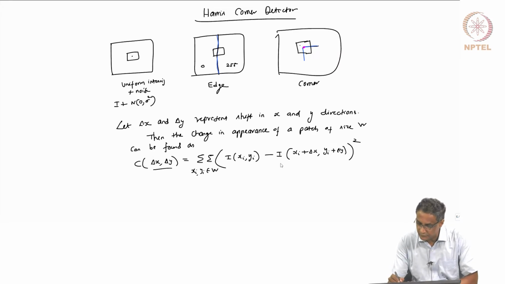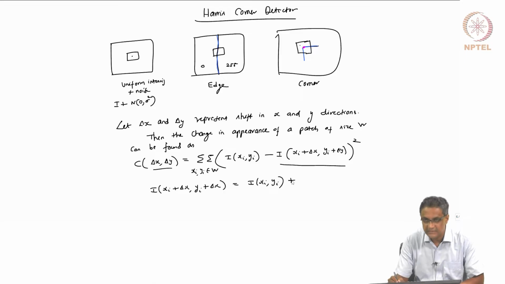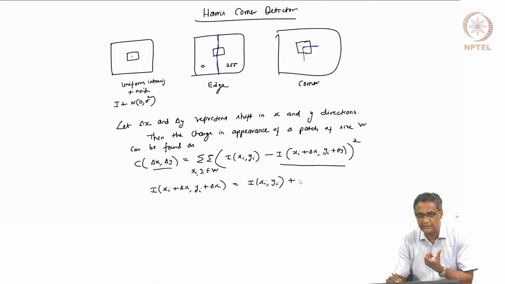So, you can of course play the standard trick, which is to take this and expand it using a Taylor series. You have xi plus delta x; make some approximations now because you want something that is computable. So, you write this as I of xi, yi plus, and all these are scalars now, you are just looking at intensities. Delta x is a scalar, just a displacement, delta y is a displacement.